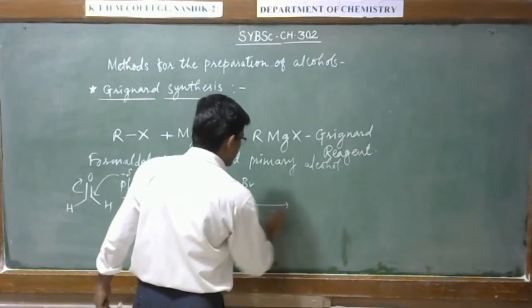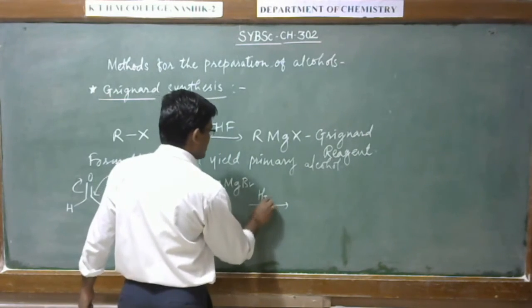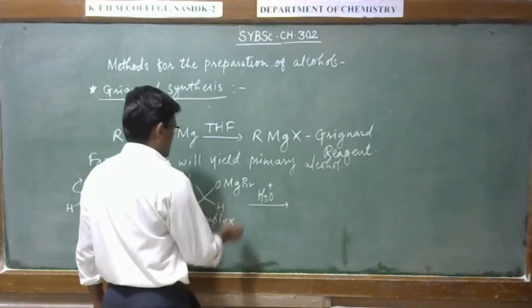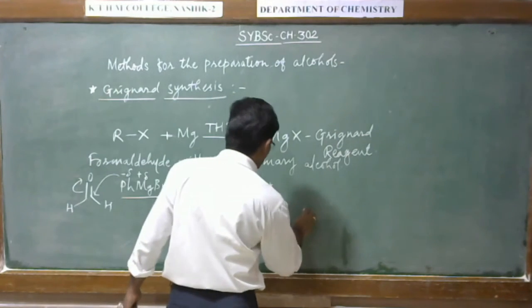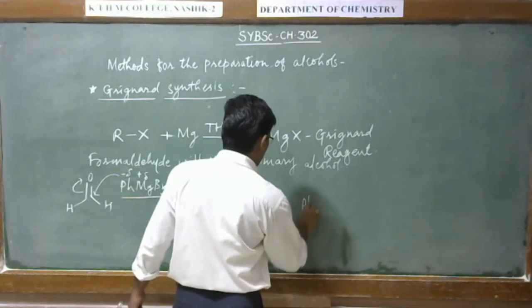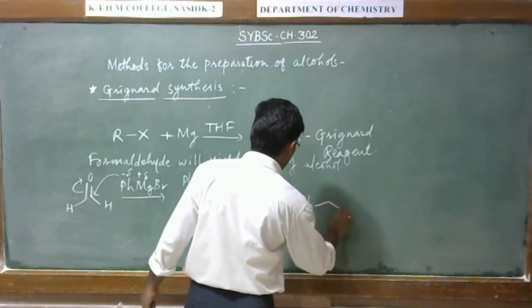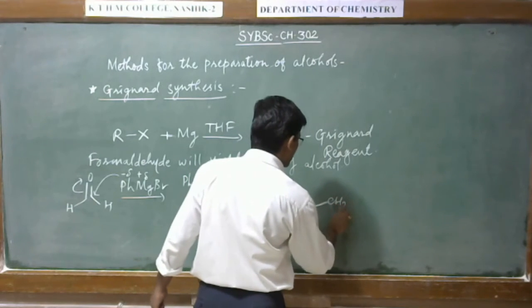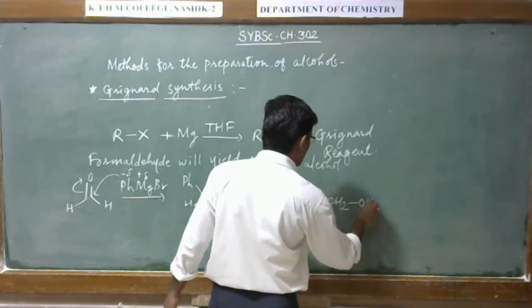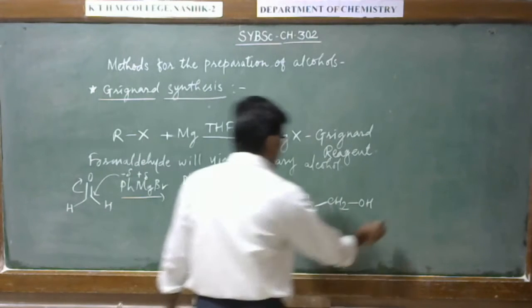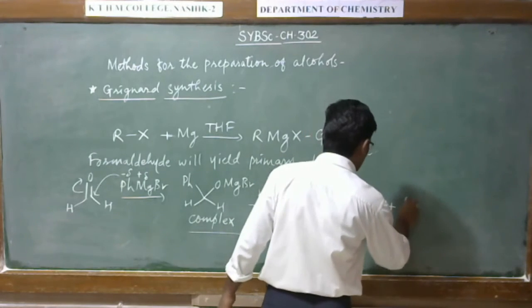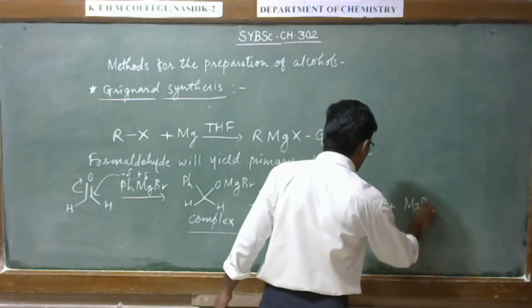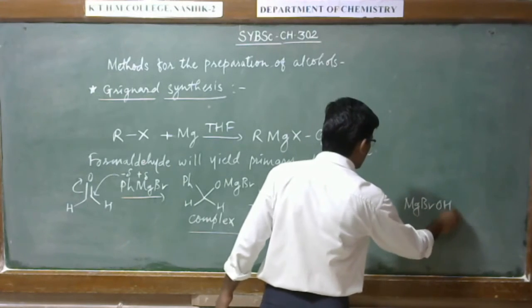Then after hydrolysis, we get this C6H5CH2OH plus Mg(Br)OH.